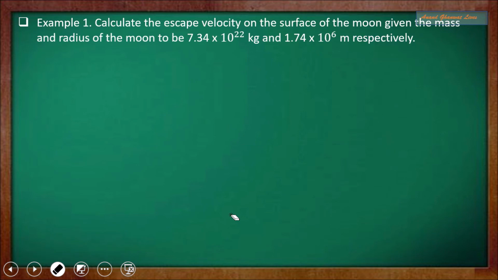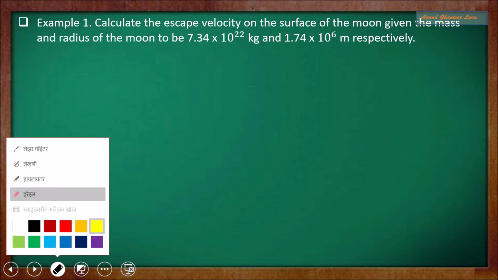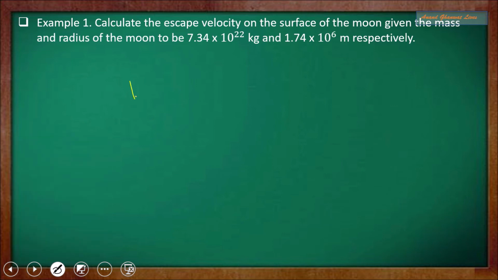Now let us calculate escape velocity on the surface of the moon, given that the mass and radius of the moon is 7.34 into 10 raised to 22 kg and 1.74 into 10 raised to 6 meter. Now use the formula for escape velocity. It is equal to under square root 2 into GM upon r.